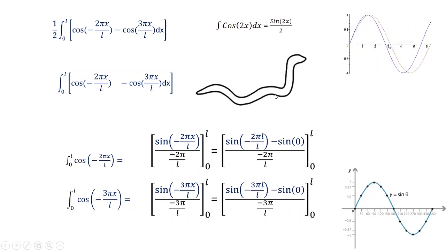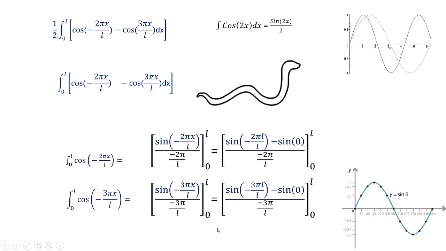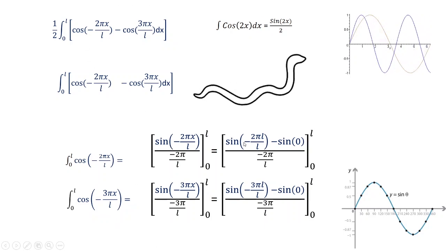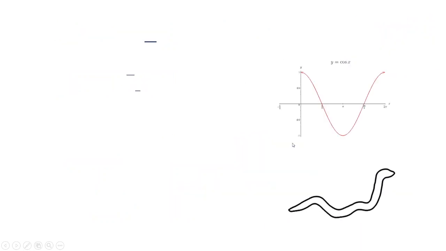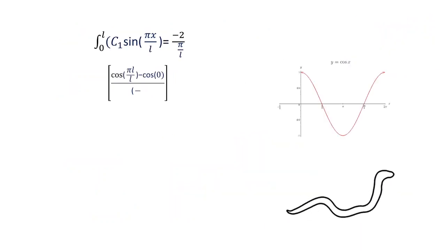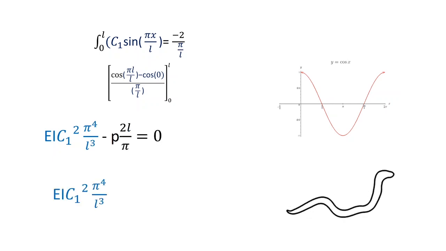So this whole term will be cancelled because it is a function of sine. So l cancels, 0 cancels, everything will be cancelled. So finally we are getting EI c1 square pi 4 by l cube minus p into 2l by pi. Got it?